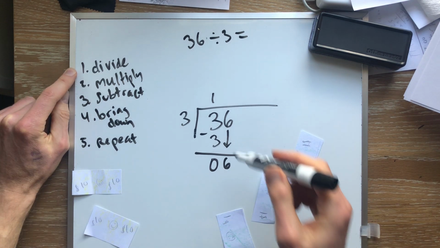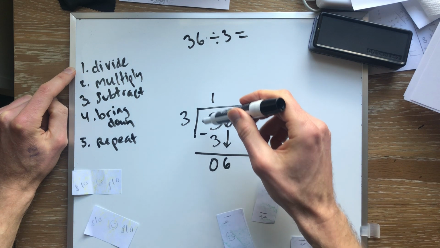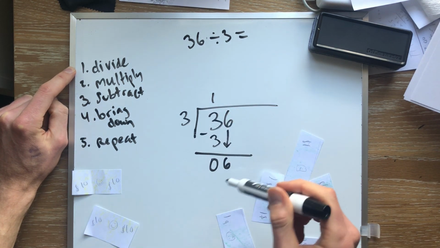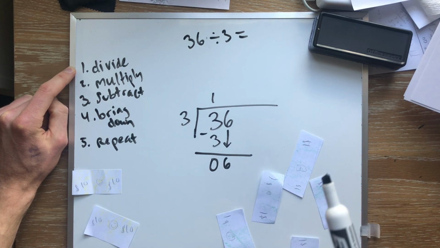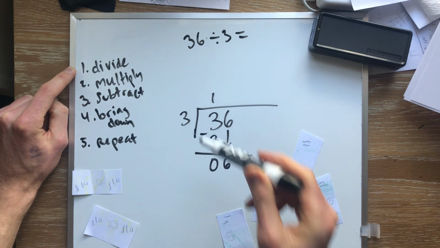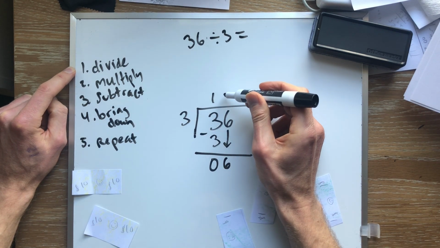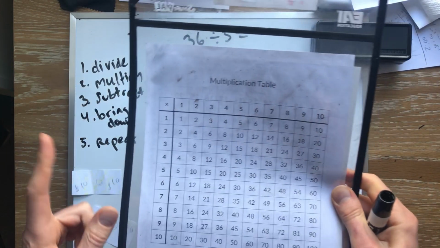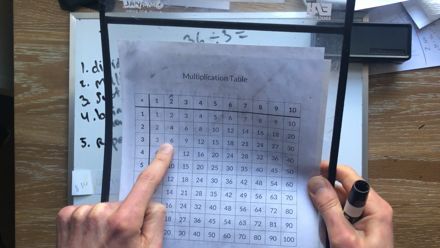I'm going to divide. So 3 times what equals 6? So we're dividing 6 by 3. You might just know your division quick fact, 6 divided by 3 is boom. But you might also think of it as this: 3 times what equals 6? Well, 3 times 2 equals 6, right? Everybody knows that one, but if there are harder ones, you find the 3 and you're like, oh yeah, 3 times 2 equals 6.